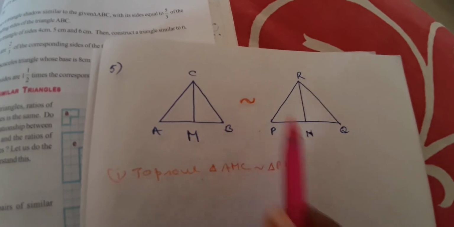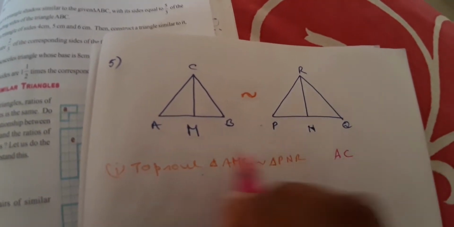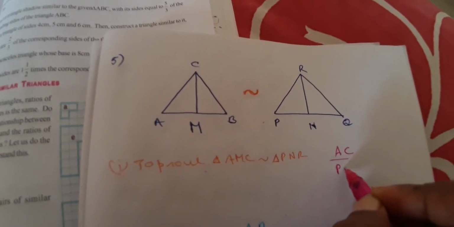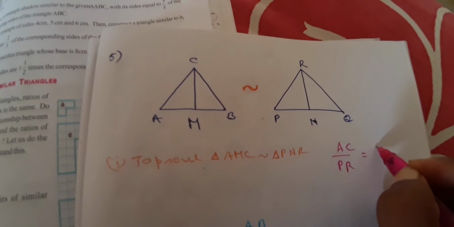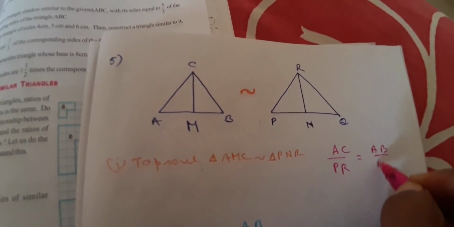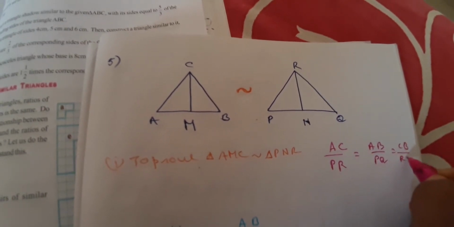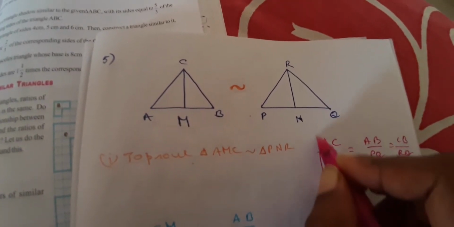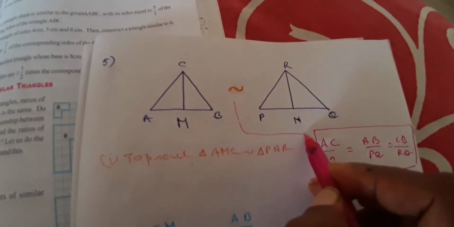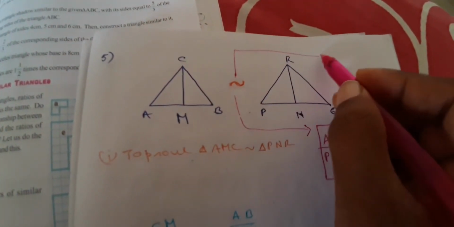What is the condition for similarity? The condition for similarity is that the ratio of the corresponding sides is constant. So that means AC by PR is equal to AB by PQ is equal to CB by RQ. So we can only conclude this much, right? From this similarity we can conclude this, as well as what is the other conclusion that you can make?